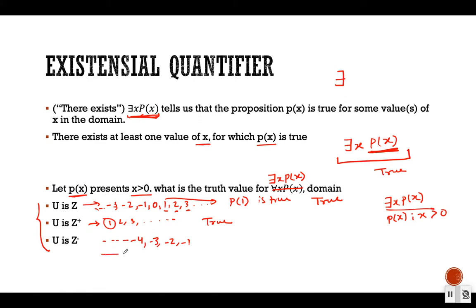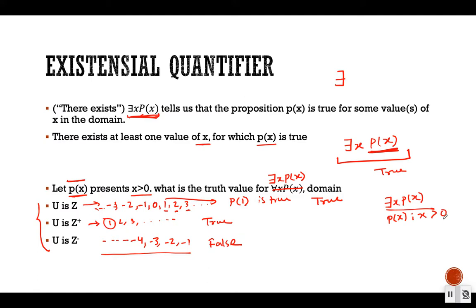So it means there doesn't exist a single value for which we can say that P of x is true. So this statement here is false. It says that we do not have any value for which P of x is true.